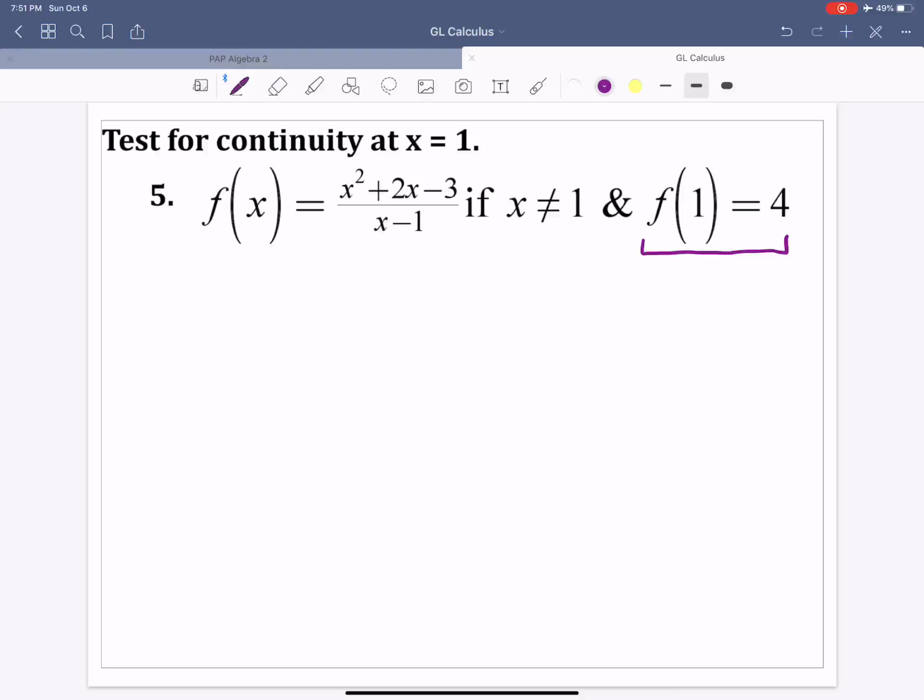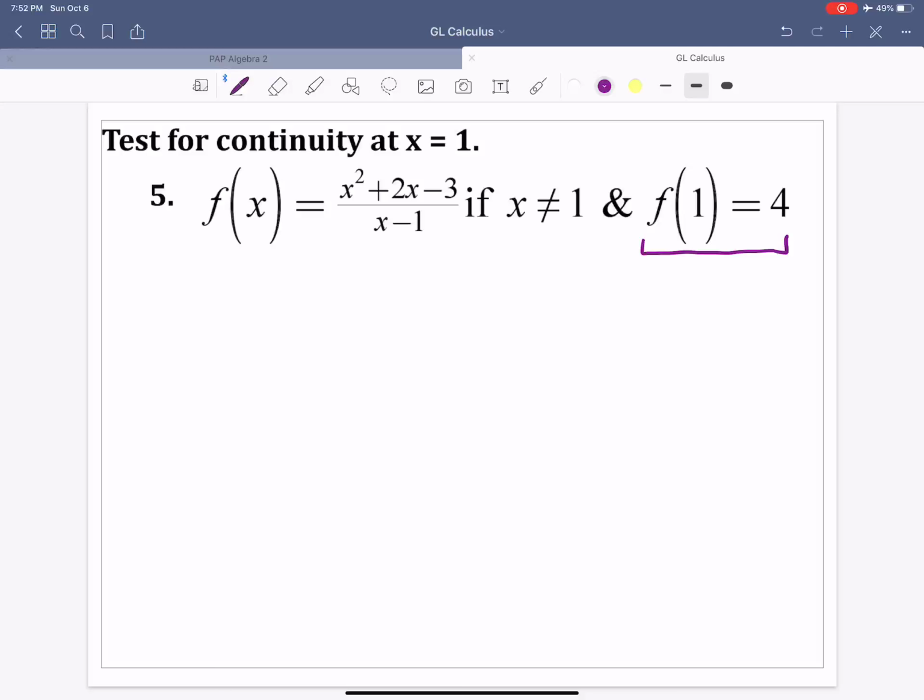So now what we want to do is see if the limit exists as x approaches 1. If it does, then we can check to see if that limit equals 4. If the limit equals 4 as x approaches 1, we can say that this is continuous.